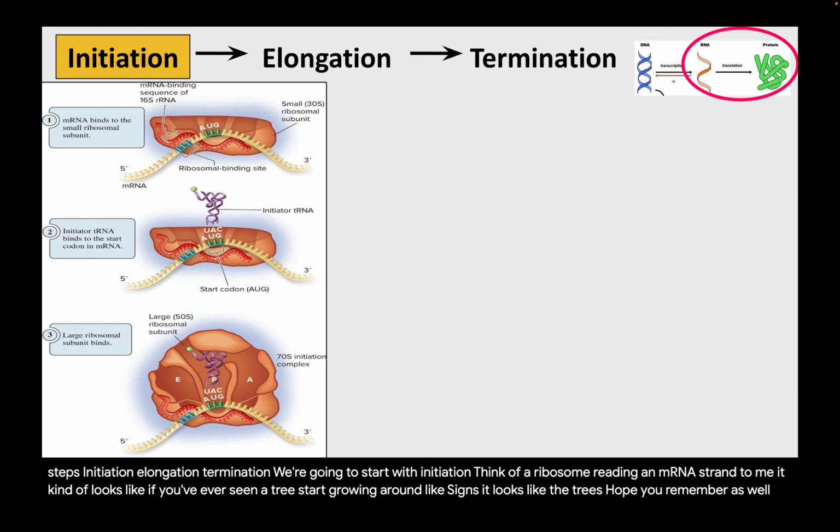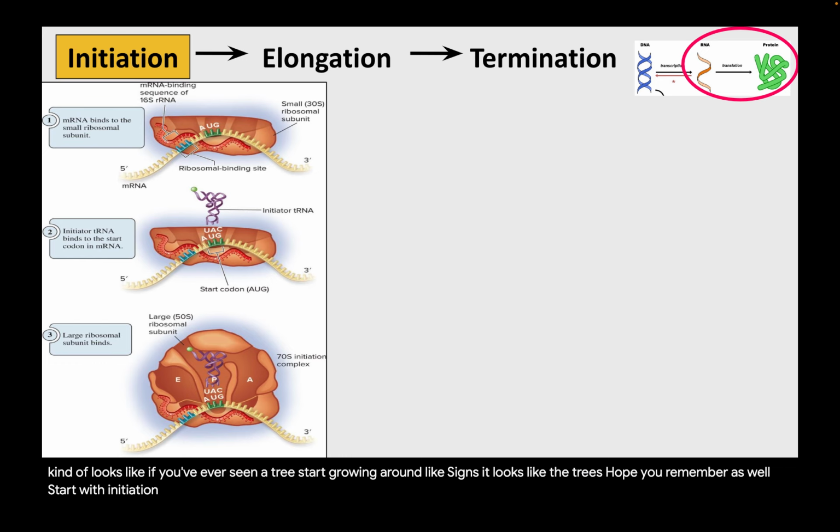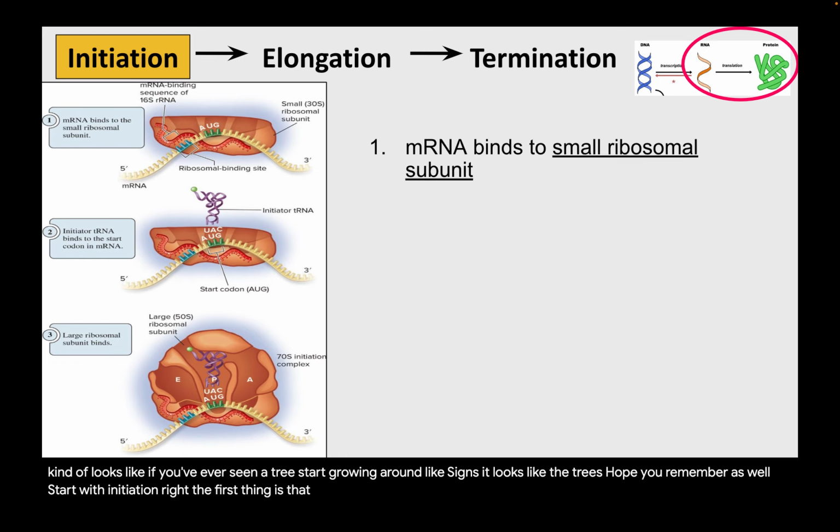All right, if we start with initiation, the first thing is that our mRNA is going to bind to the small ribosomal subunit. So the small ribosomal subunit is binding to our strand of mRNA there.